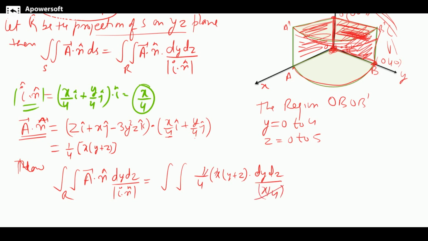So that is cancelled, and the limit of y is 0 to 4, and the limit of z is 0 to 5.